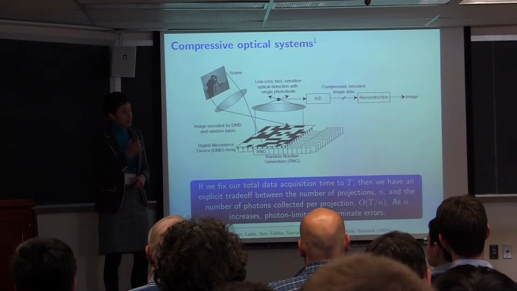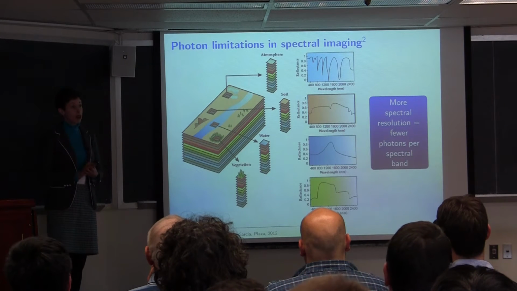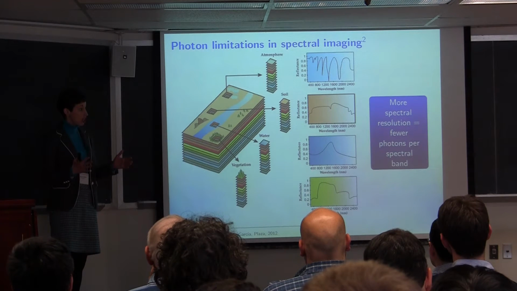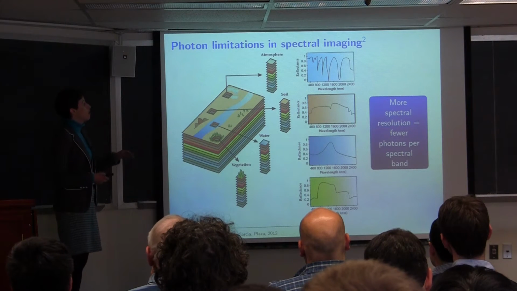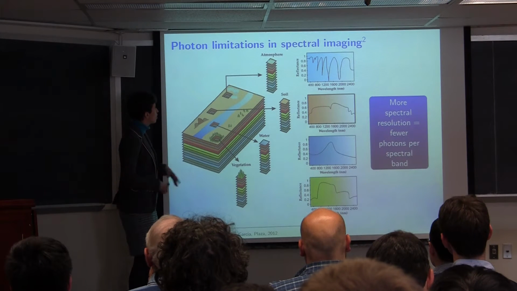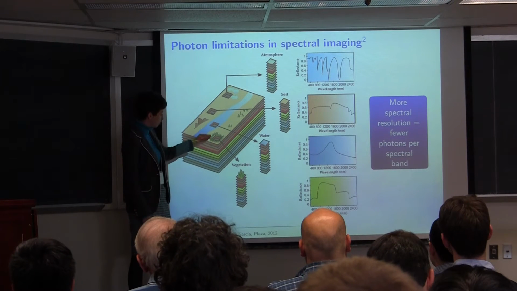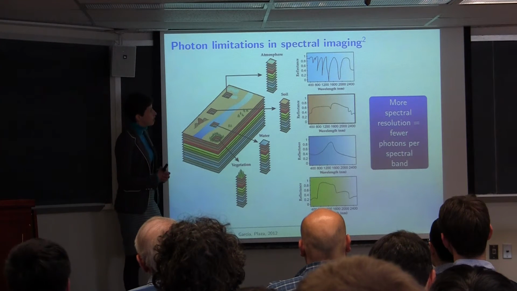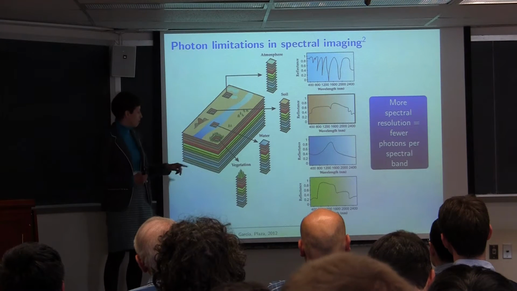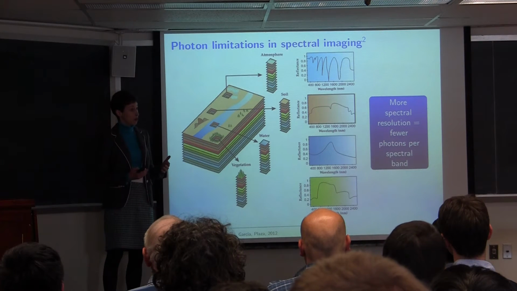And even aside from this setting, we see photon limitations arise in applications like spectral imaging, where not only do we want to understand, say, the spatial content of a scene, but we'd like to understand how our image of a scene changes as a function of wavelength of light. And so we're interested in reconstructing this kind of cube of data, space versus wavelength. In general, as you increase the number of spectral bands, or the number of different slices in the stack, then the fewer photons you have per spectral band.